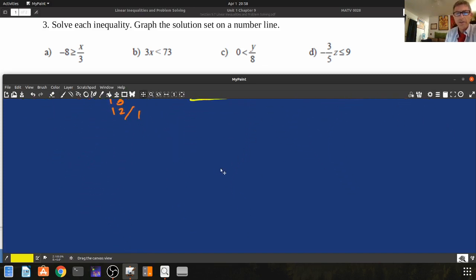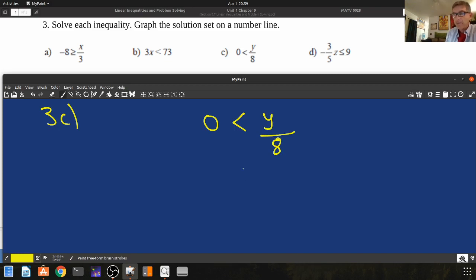So let's go ahead and do another problem. This is going to be 3C. And it's 0 is less than y divided by 8. So again, we're going to clear the denominators by multiplying both sides by 8.